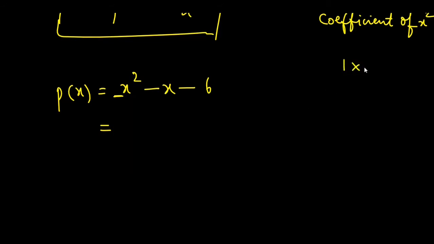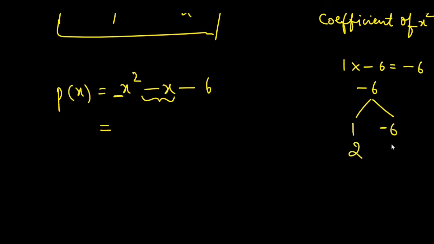So 1 into minus 6 is minus 6. We have to take the factors of minus 6 whose sum is minus 1 here. Minus 6 can be written as 1 into 6, with one of them negative. The sum of 1 and minus 6 is minus 5. So we are not getting minus 1.